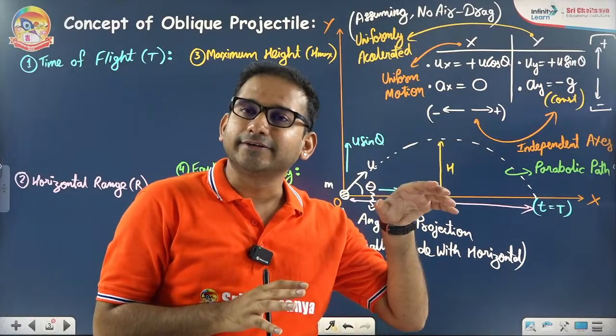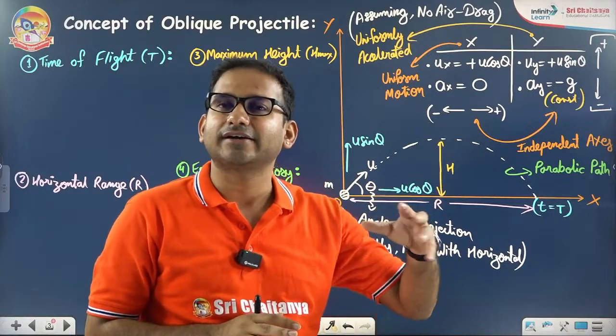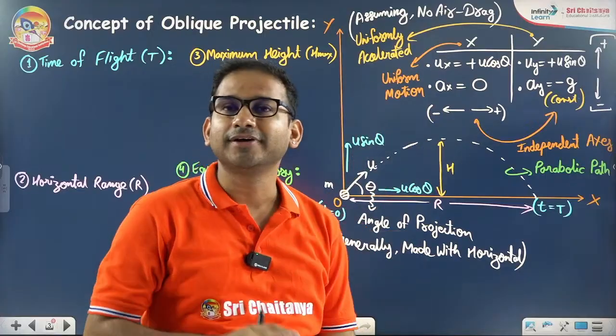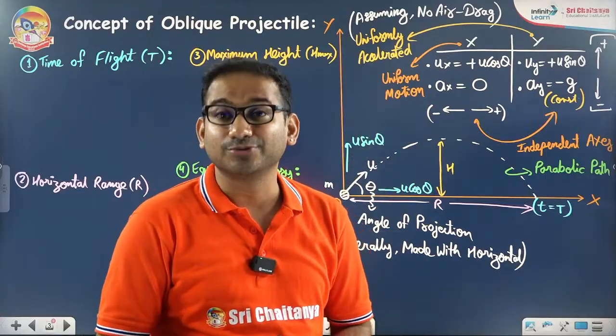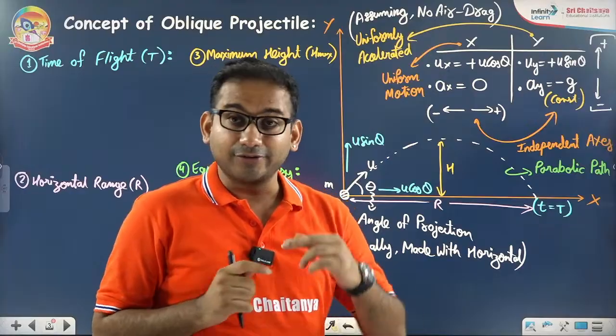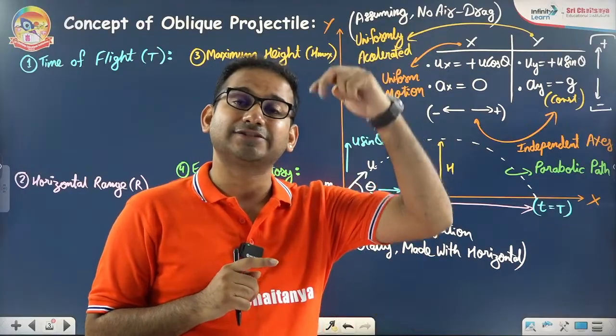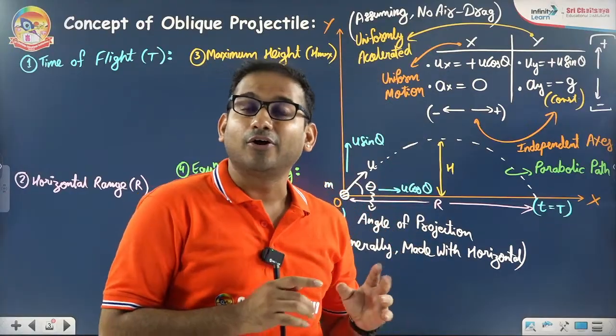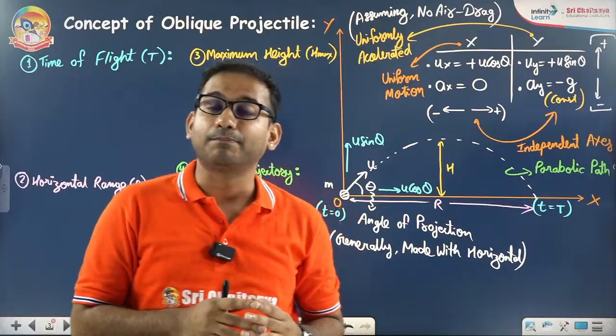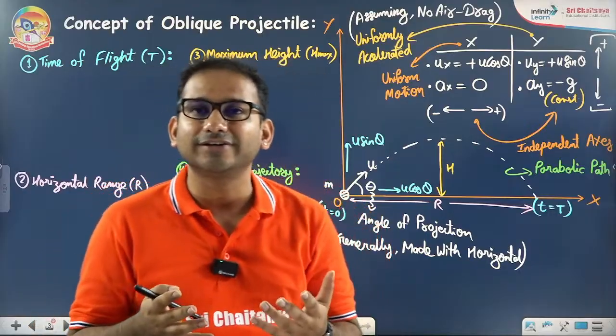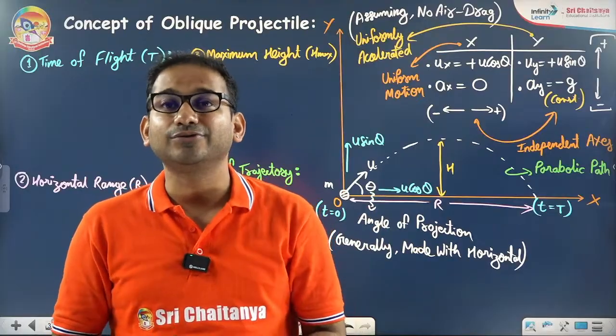Near the Earth's surface, we are again assuming for our range of motion, there is no variation in acceleration due to gravity. Although you know that if you go up to great heights, or you go inside the depth, or you go at different places, even on the surface of the Earth, the acceleration due to gravity value varies.